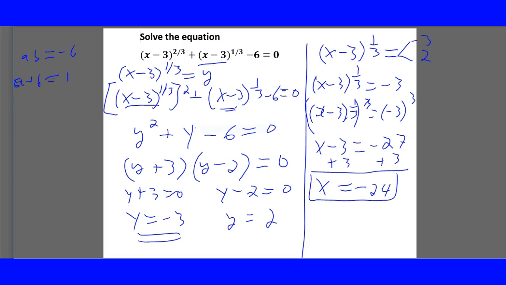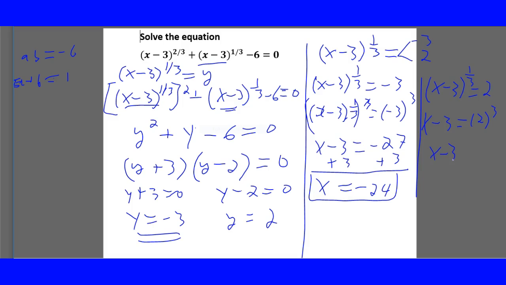So our first x is this. We can find the other x by setting (x - 3)^(1/3) equal to 2. We do the same thing, raising both sides to the power of 3, so x minus 3 equals 2 to the power 3.